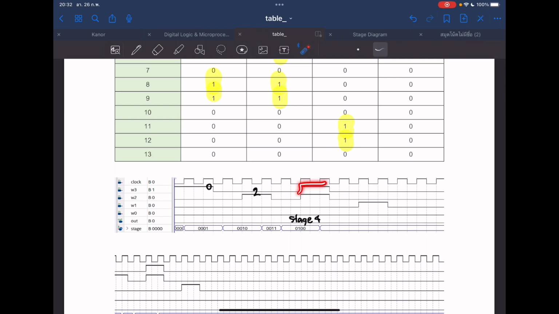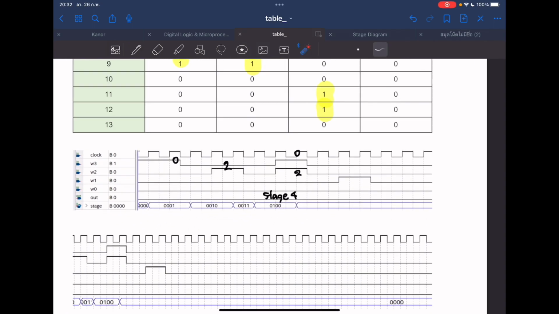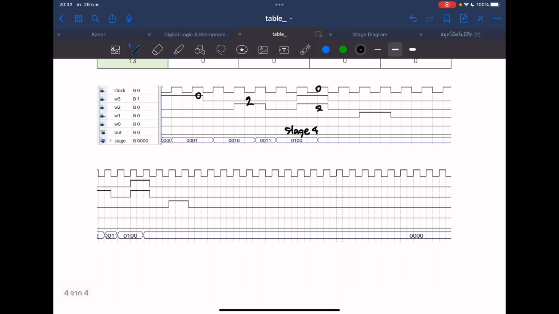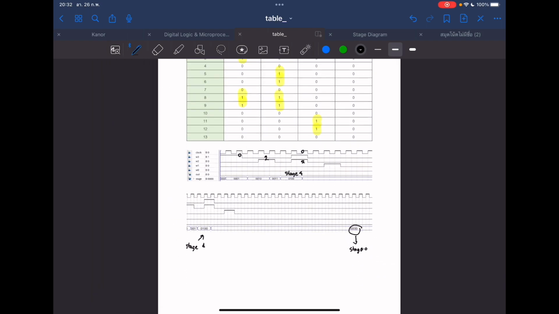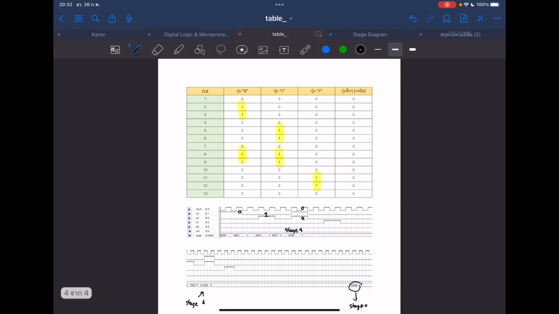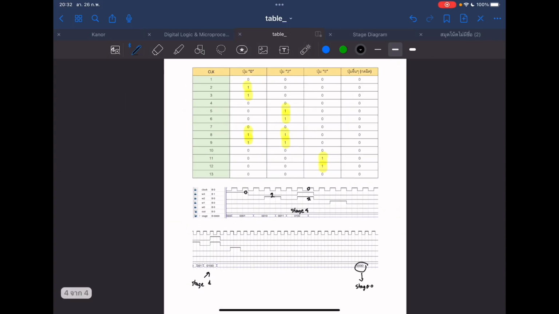And then we press 2 numbers, which is 0 and 2, and then this one is stage 4. And we press 2 buttons, so it goes back to stage 0. So this one is right. And that is all of it. So thank you for watching.